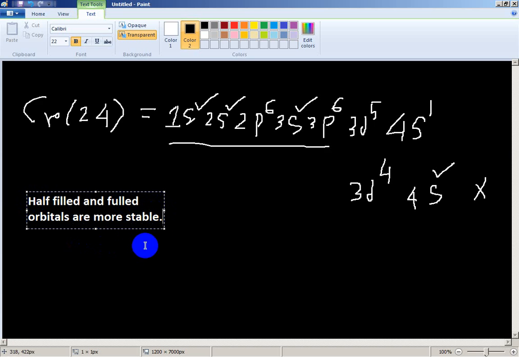Half filled and full filled orbitals are more stable.